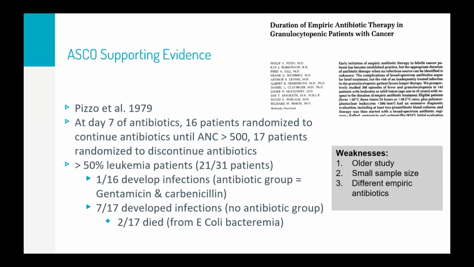So overall, this study does have its flaws. It's very old, has a very small sample size, and used different empiric antibiotics than we use today. So what has happened since 1979?